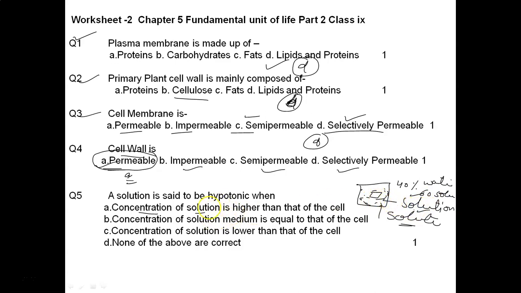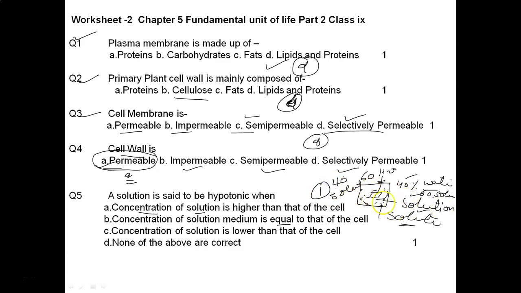Now in the next, the concentration of the solution medium is equal to that of the cell. In both, 40% water and 60% solute inside, 40% water and 60% solute outside. Right? Now the first one, where the concentration of solution is higher, that is 60% solute outside. Here 60% water is there and 40% solute. That was actually the first case.